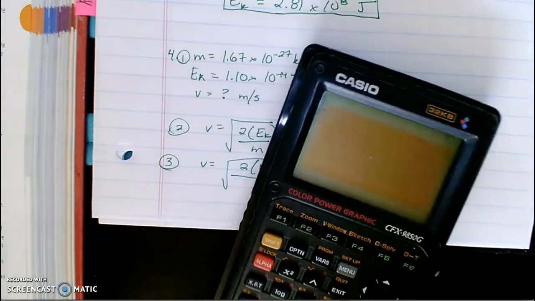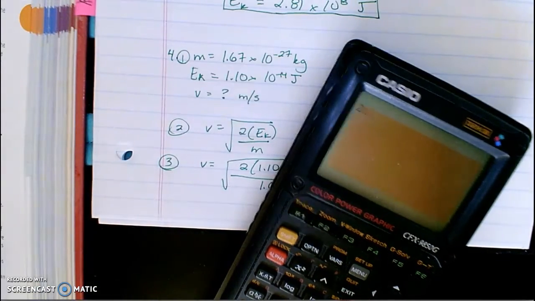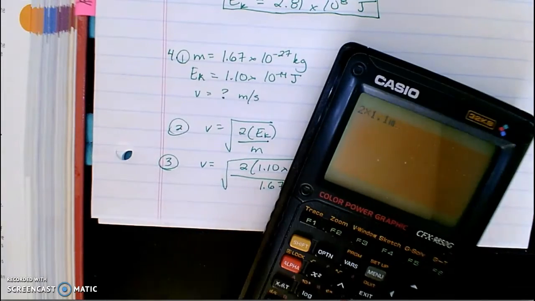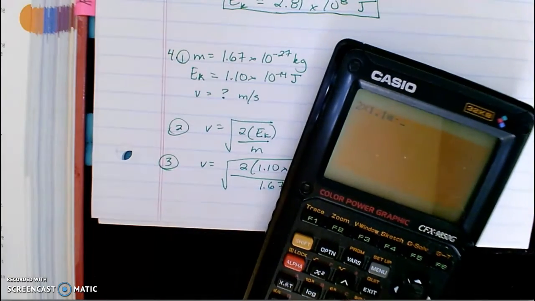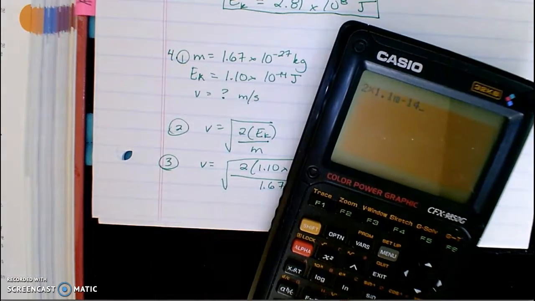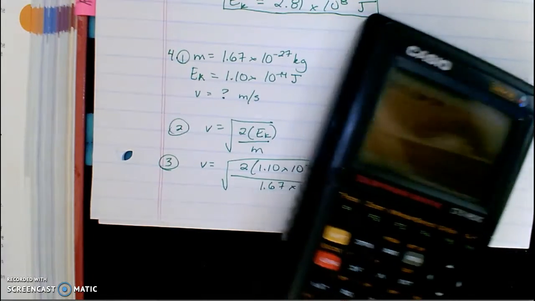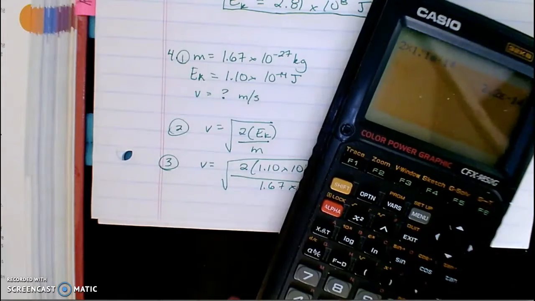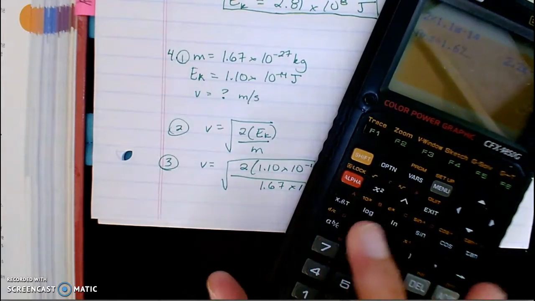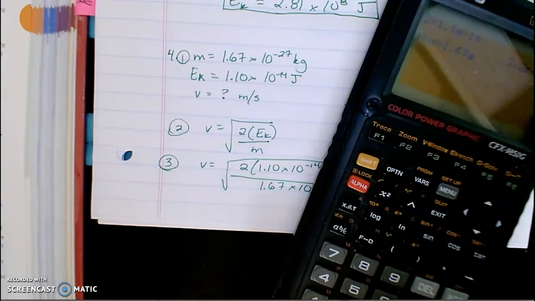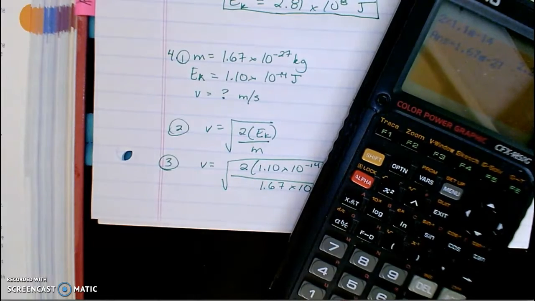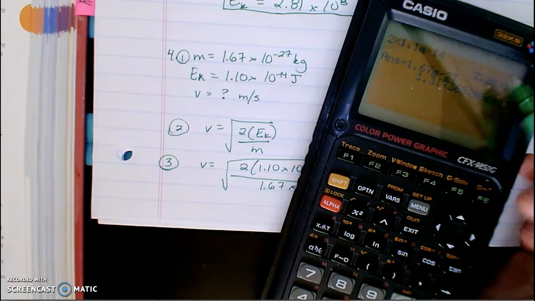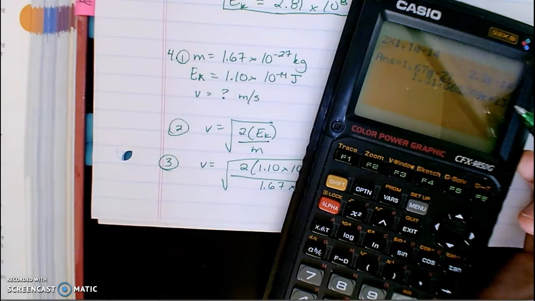Okay, so I'm going to punch in 2 times 1.1 times 10 to the, oh, we haven't used a negative yet, negative 14. Okay, and I'm going to push enter on that one. Okay, and then I'm going to go divided by 1.67 times 10 to the negative 27. I like pushing enter along the way, and you always keep your numbers. You don't do any dividing yet.